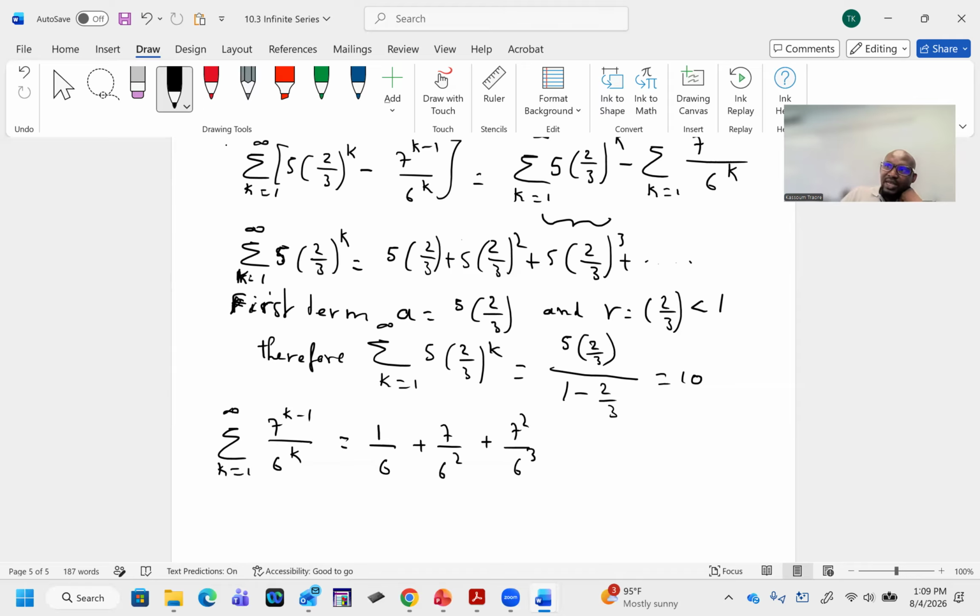So we are multiplying the next term by what? 7 divided by 6. We can see r is what? 7 divided by 6, which is greater than 1.